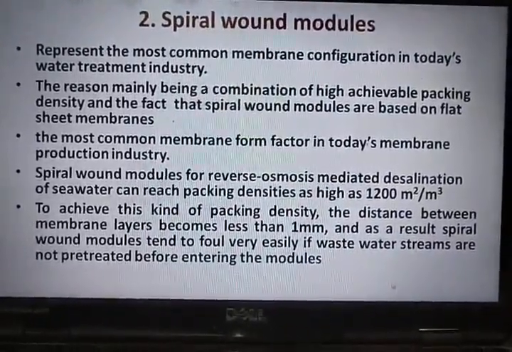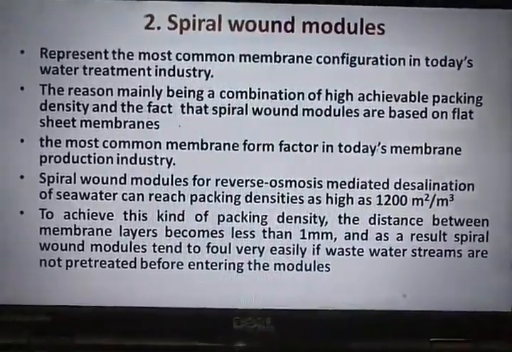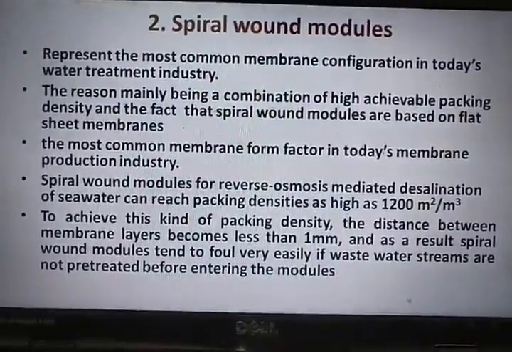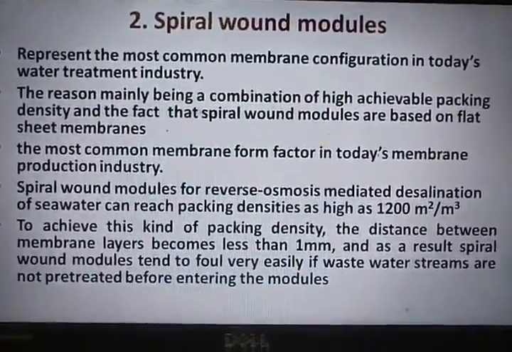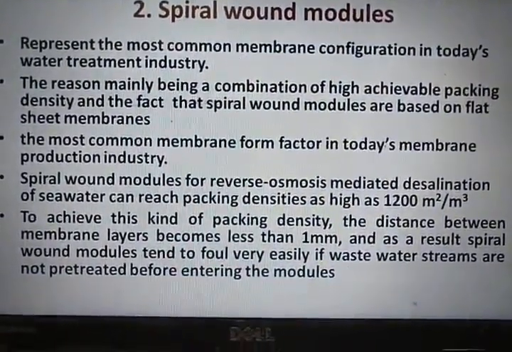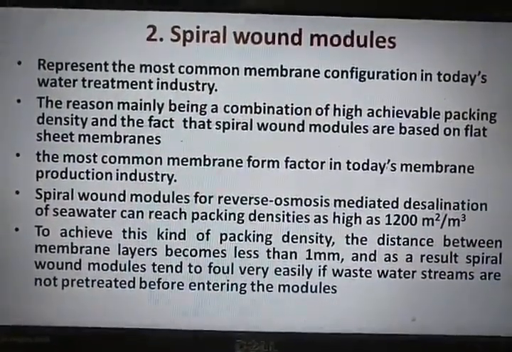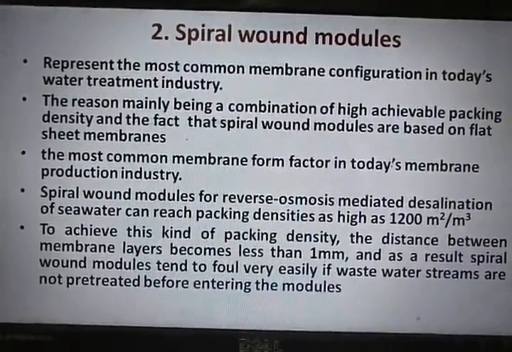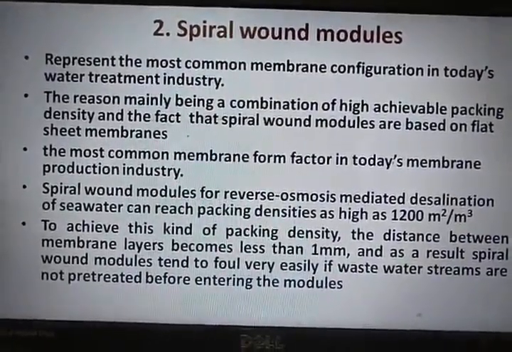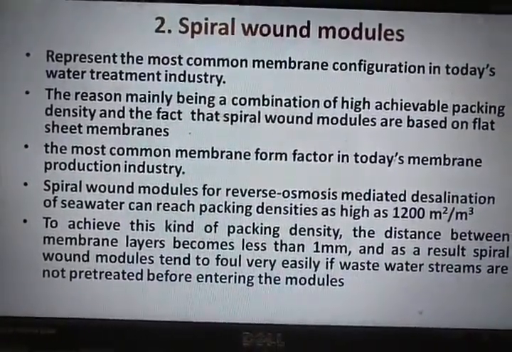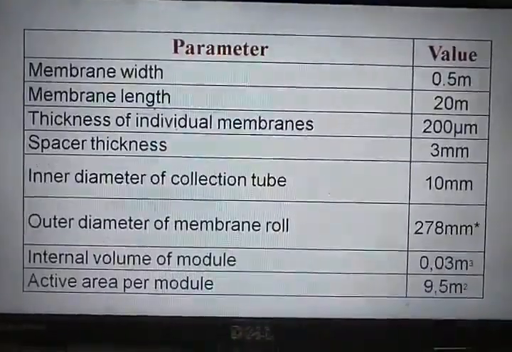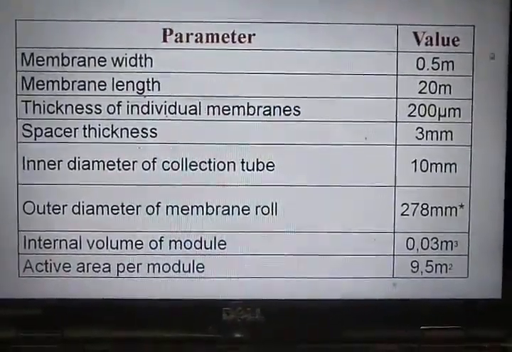I told you that fouling is a process of deposition of impurities on the membranes, thereby reducing the efficiency of the membrane processes. Because of the very small spacing between the membrane layers in this particular module, fouling is common.